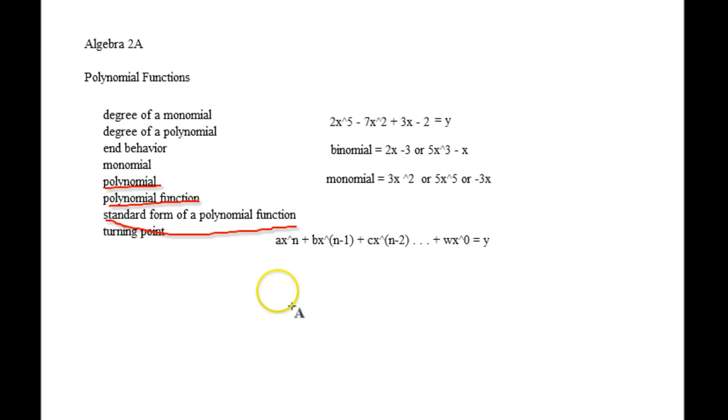So that's your standard form of a function. You want to have the highest exponent come first, then the next highest, down until you get to what is called the constant. So that's standard form.